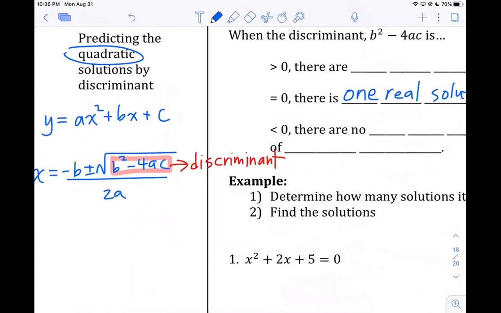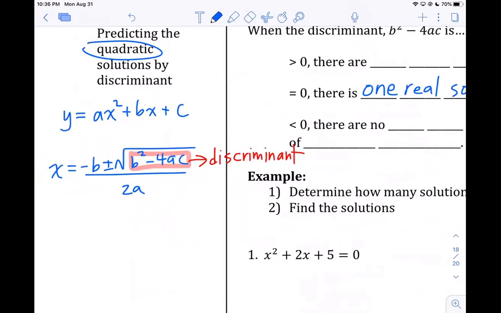Now, if the discriminant part is positive, then how many solutions will you have? That means there's something inside the square root, and that thing inside the square root is positive, and so then the plus minus applies.